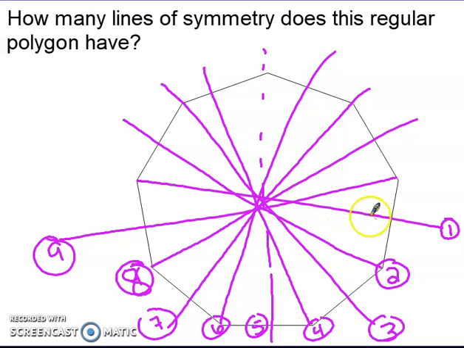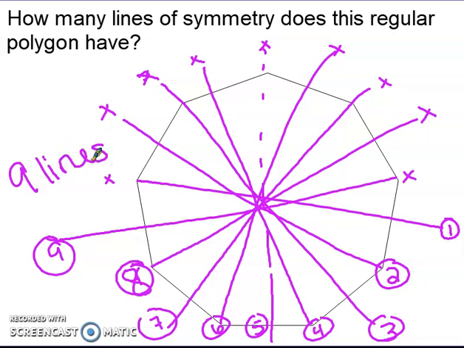If you notice this line, this goes back to my number 1, so we're not counting that again. That goes back to my number 2. This goes back to my number 3. This goes back to my number 4. This goes back to 5, 6, 7, 8, and 9. So, in this case, this specific shape has 9 lines of symmetry.